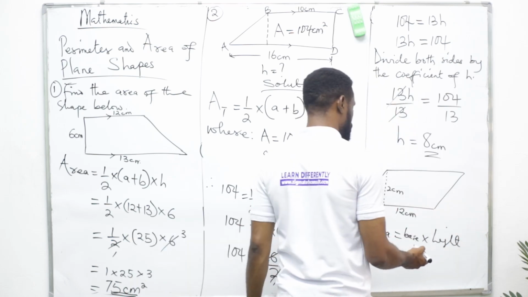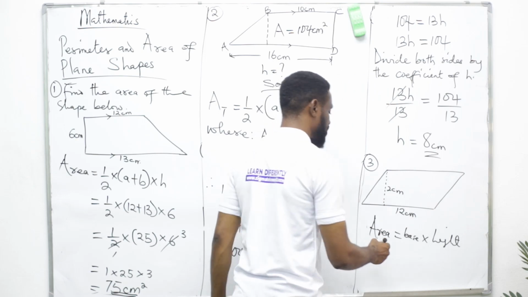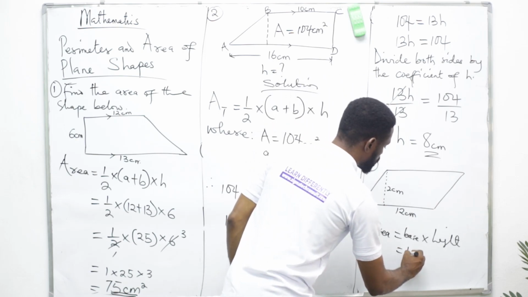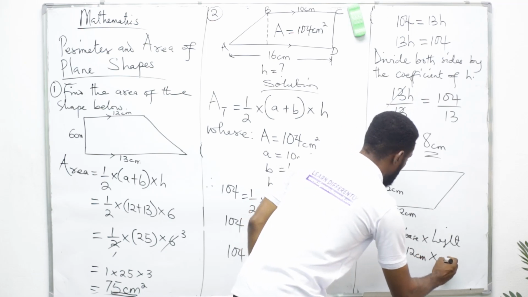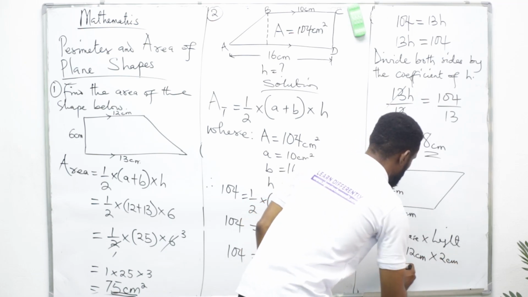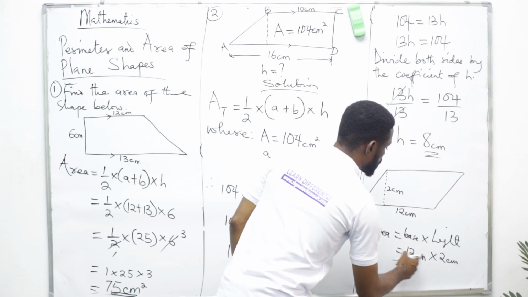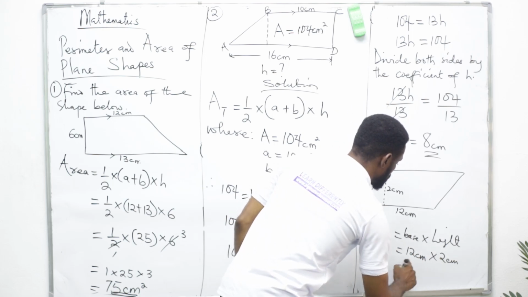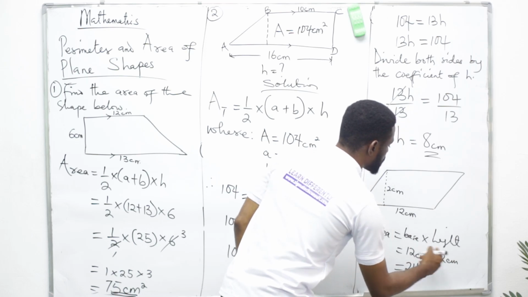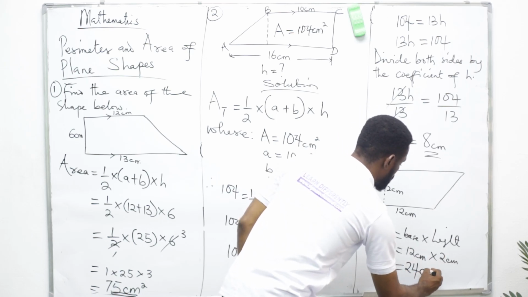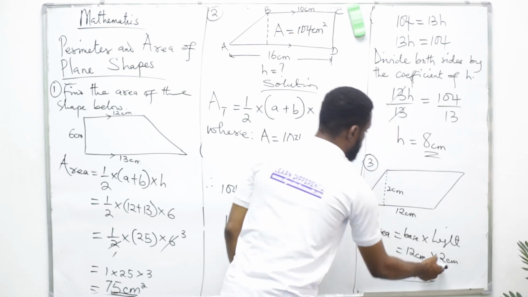That is for parallelogram. Don't mistake it for triangle. So this is 12 being the base, cm, times 2 cm. As simple as that. 12 times 2 is 24. cm times cm is cm squared. So that is why it's cm squared.